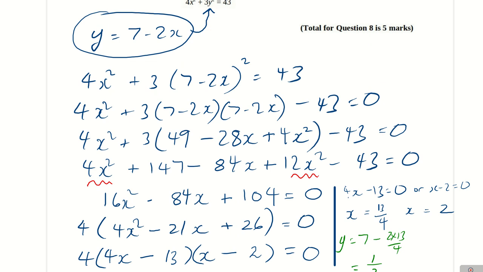And the other one, when x is 2, y is going to equal 7 minus 2 times 2, which is 4, so that's just going to be 3.